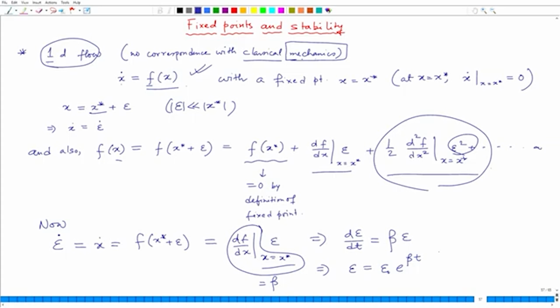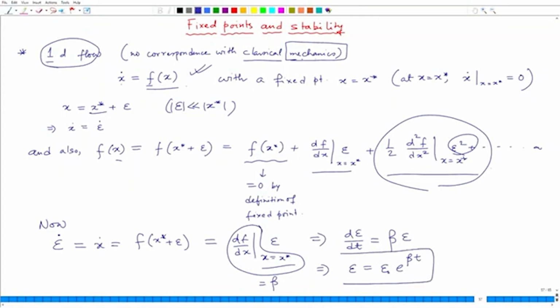You can simply see that the condition where the perturbation epsilon is growing with time is given by beta greater than 0. So, that is the condition for an unstable fixed point.